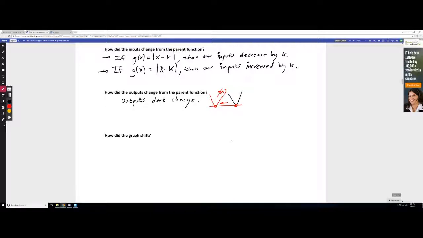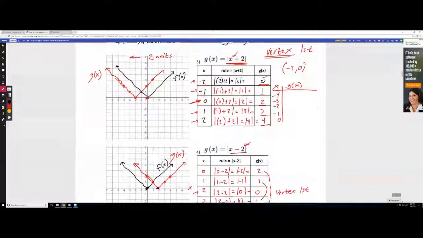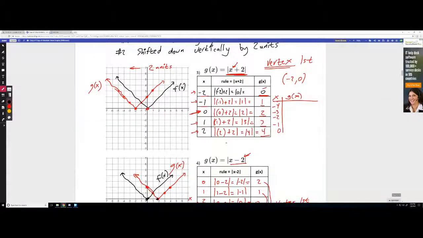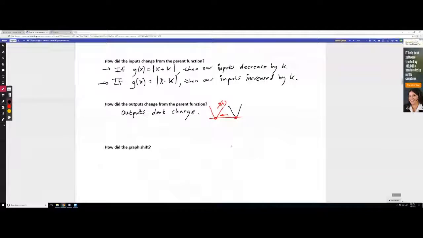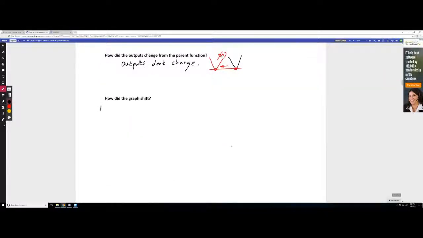This is number 3. All right. So if you look at number 3 again, we went 2 units to the left. So number 3, comma, we shifted g of x 2 units to the left.